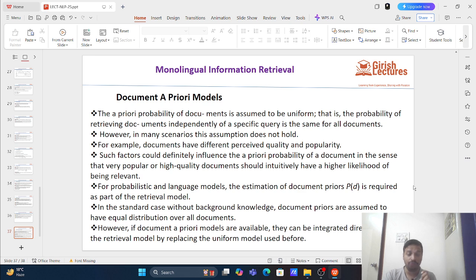This influence on such prior probability of documents will help us identify and will also help us summarize the text most efficiently.